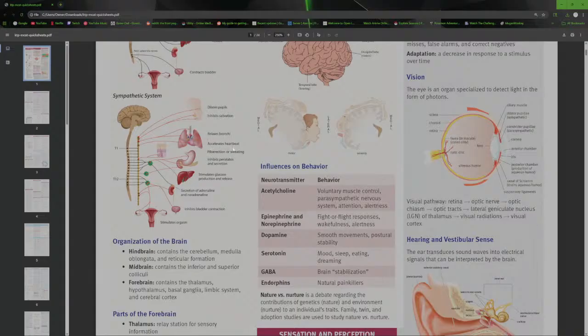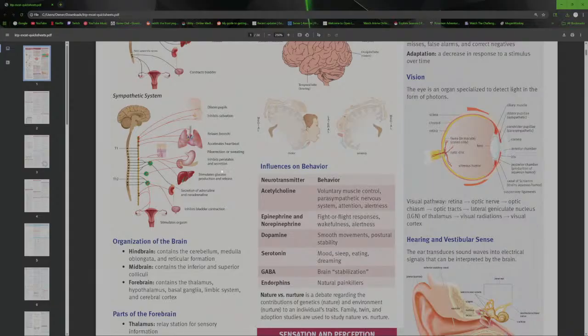We can have an accelerated heartbeat because we need our blood pumping quick if we're going to run out of there. And we'll likely have piloerection or sweating in response to us running. And we have inhibition of peristalsis and secretion because we want to save our resources. Why do we want to digest if we want to use those resources for running away from an enemy?